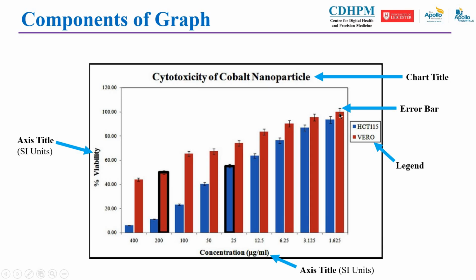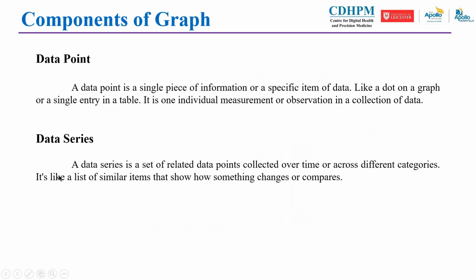So when you take an average of that, it is coming to 100%, but that means the standard deviation will be plus or minus 2% or plus or minus 3%. There will be some deviation, that is called standard deviation. That will be represented in the form of error bar. Standard deviation is represented in the form of error bar.